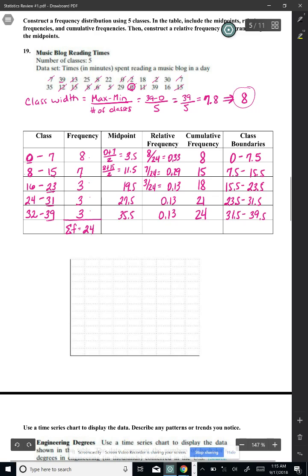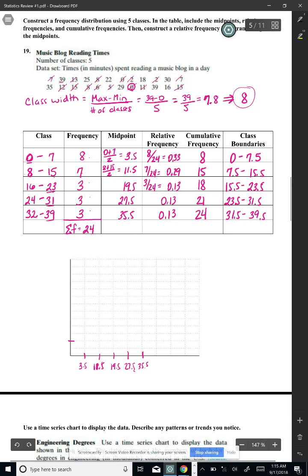So we'll come down here and we'll have our midpoints: 3.5, 11.5, 19.5, 27.5, and 35.5. And then the relative frequencies were anywhere from 0.13 to 0.33.